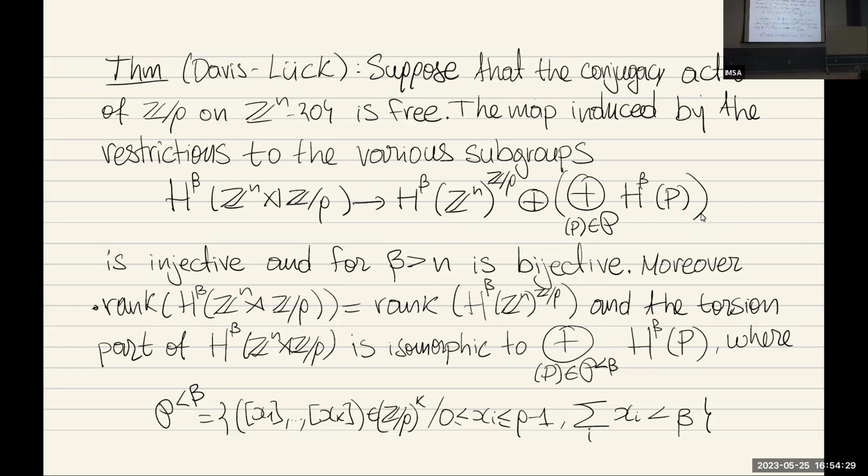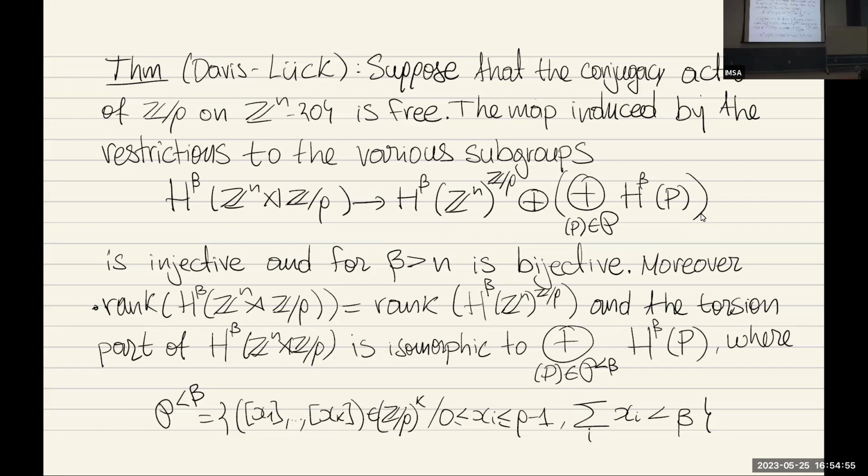Moreover, note that this part is torsion, so the rank of this group is just the rank of the ZP invariant part of the group cohomology of Z^n. And the torsion part is this direct sum of cohomologies.